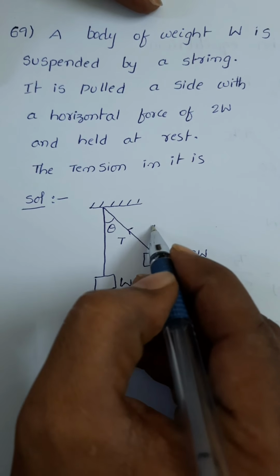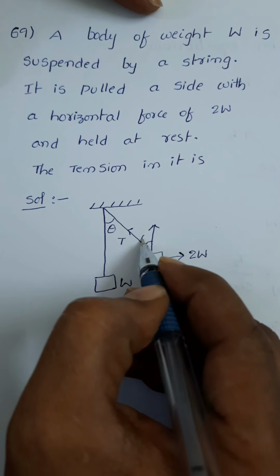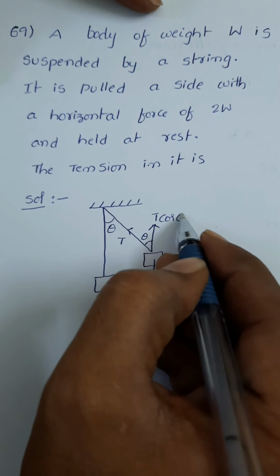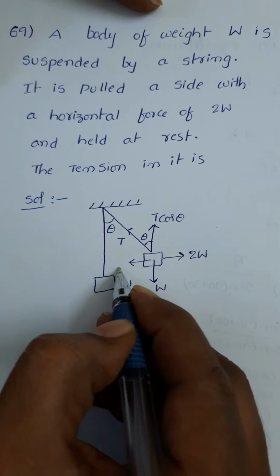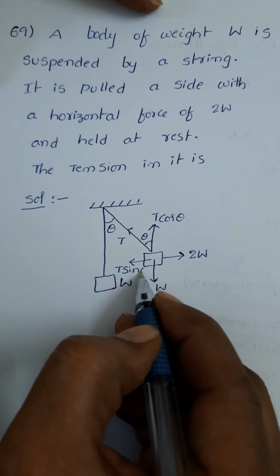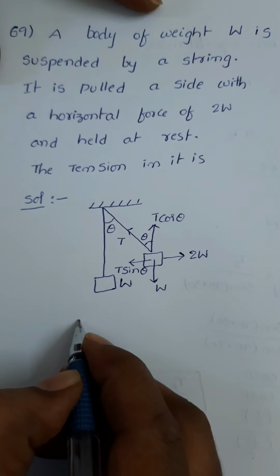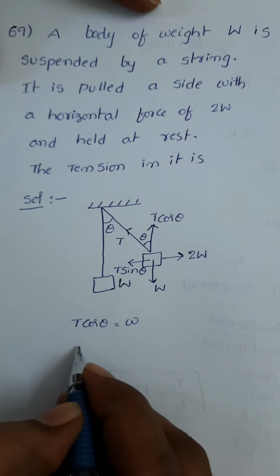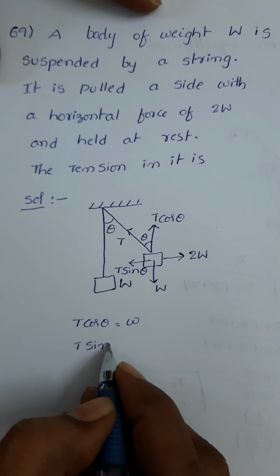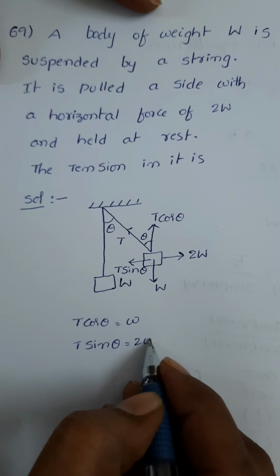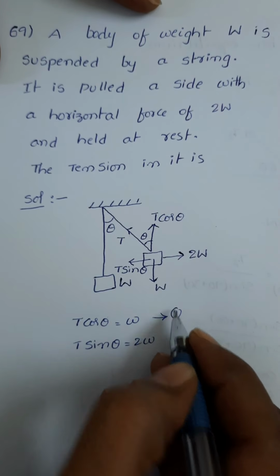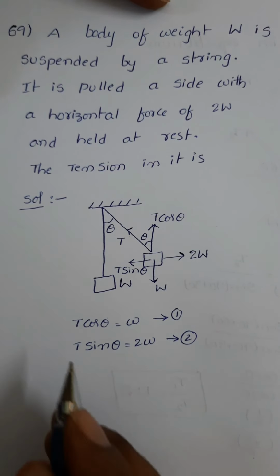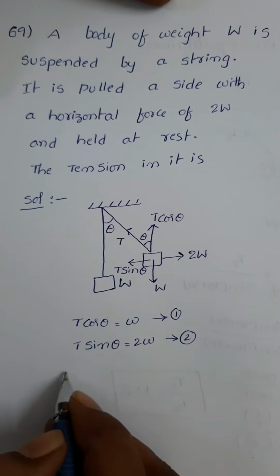Suppose we resolve this tension into two perpendicular components, here alternate angles are equal, that's why theta. This is T cos theta and the horizontal component is T sin theta. From this we can write T cos theta is equal to W and T sin theta is equal to 2W. Say this is equation 1, this is equation number 2. Now we square both sides and add them.